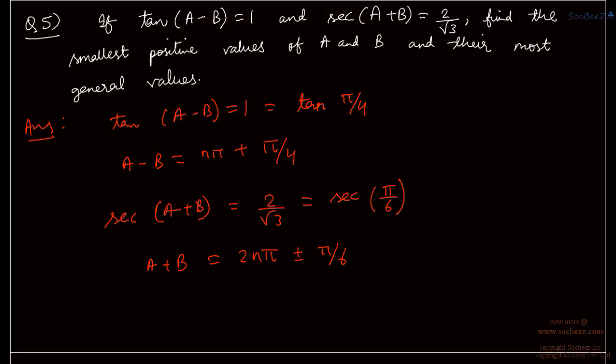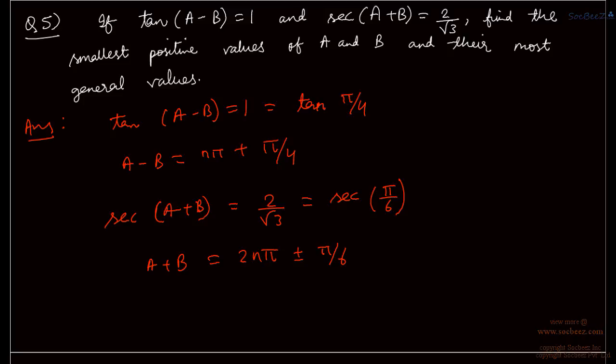Now let's look at the question. The question says find the smallest positive values of a and b and their most general values. So let's find some of the solutions first for a minus b and a plus b, right?